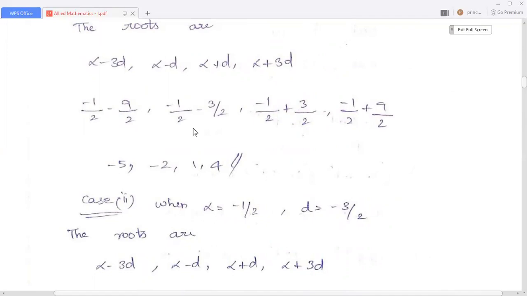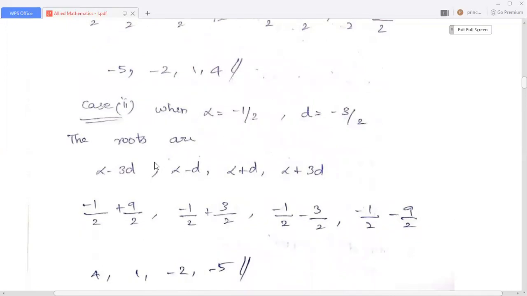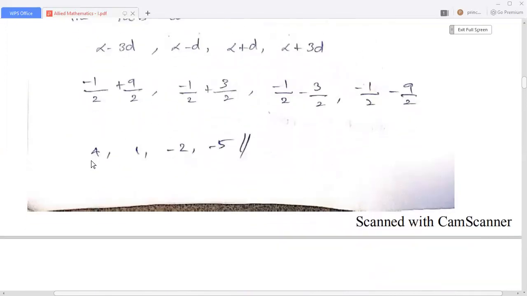These are the roots. Then case 2, when alpha equal to -1/2 and d equal to -3/2, the roots are alpha minus 3d, alpha minus d, alpha plus d, alpha plus 3d. When you substitute these values, we get the roots 4, 1, -2, -5.